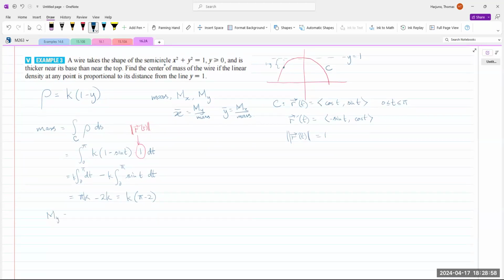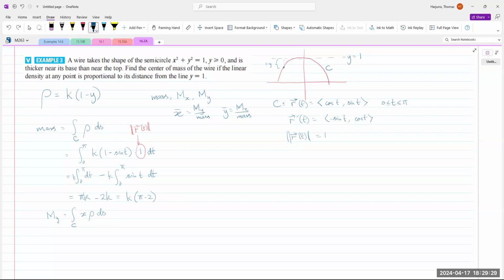Okay, now how about the moment with respect to the y-axis? Due to the symmetry, I expect it to be 0, but let's take a look. This is the integral over C, and then I insert the x, rho ds, right? How do we get the moment with respect to the y-axis? Basically, you take the integral you have for mass, and you insert x, the distance from the y-axis.